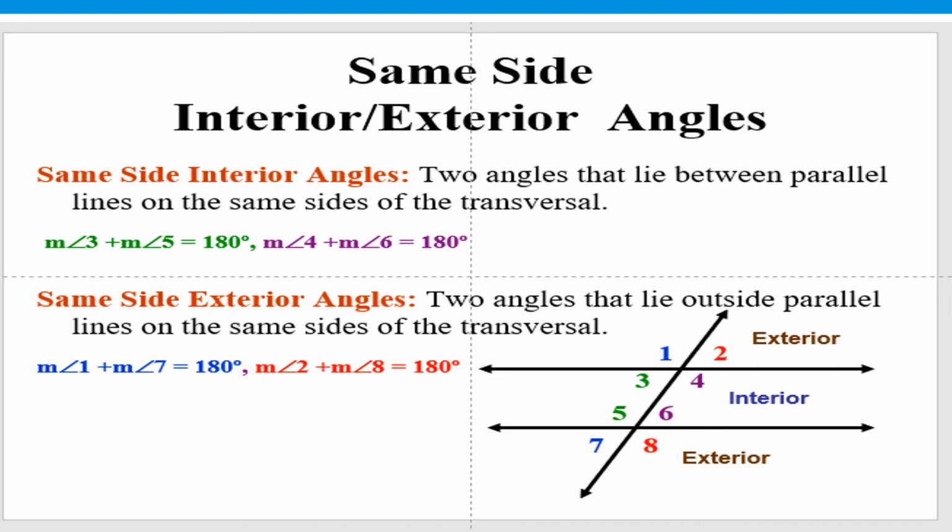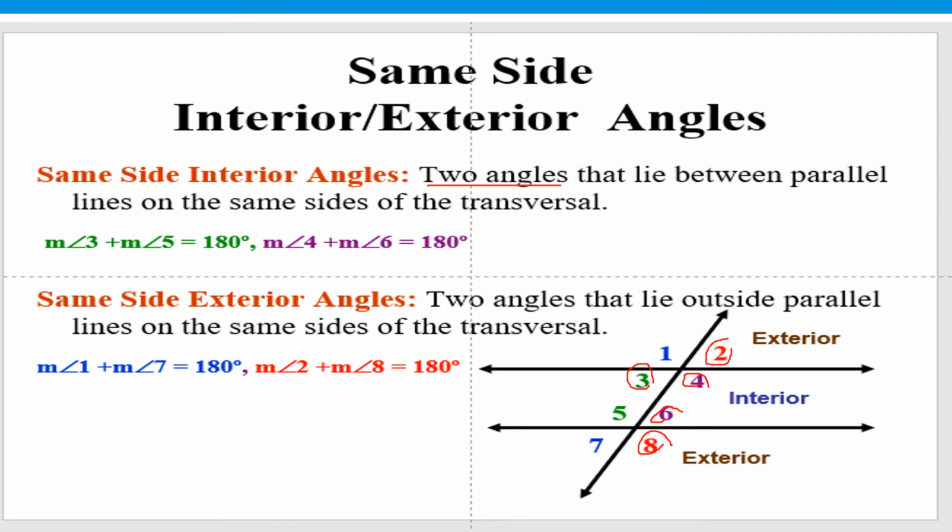For same side interior angles, these are two angles that lie between parallel lines on the same side of the transversal. So we have here the same side exterior, 2 and 4.